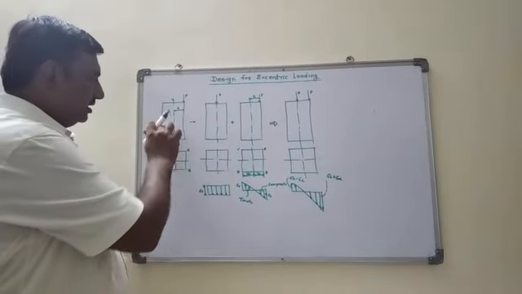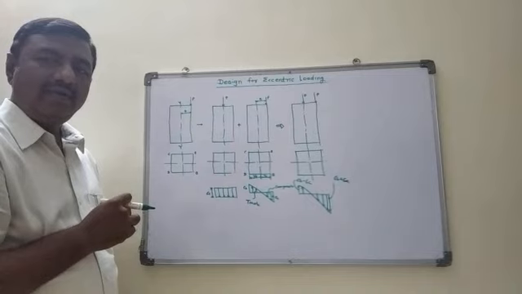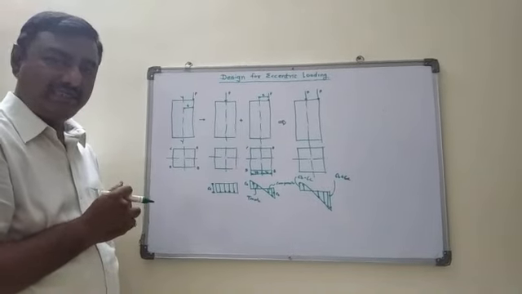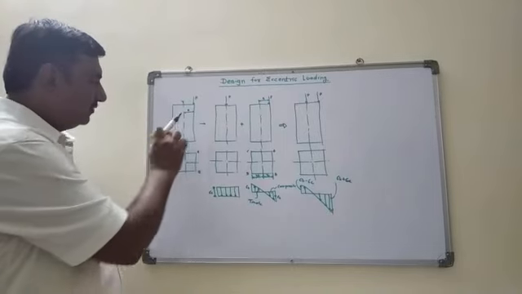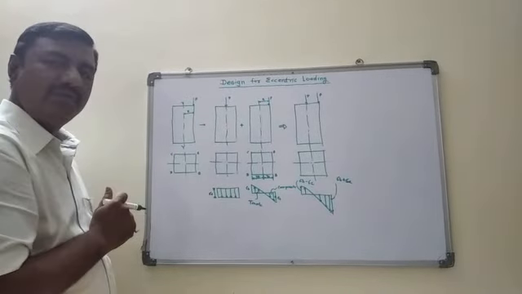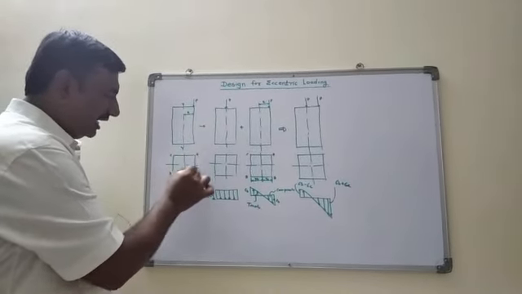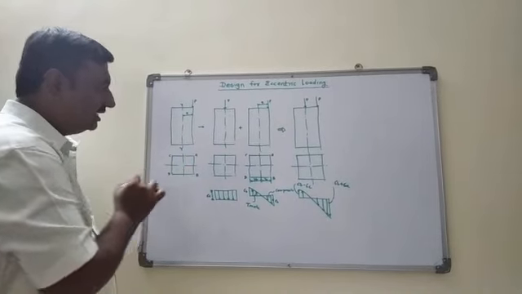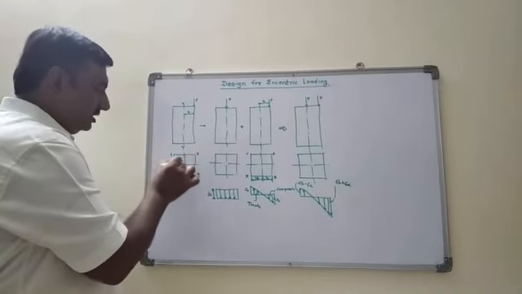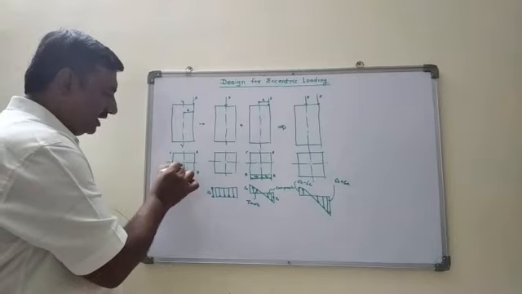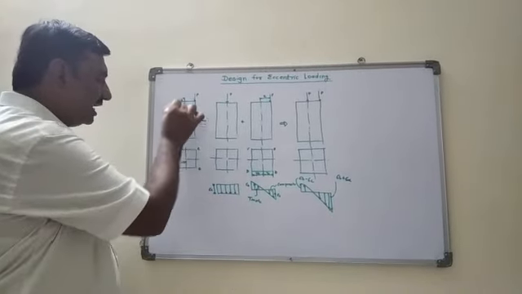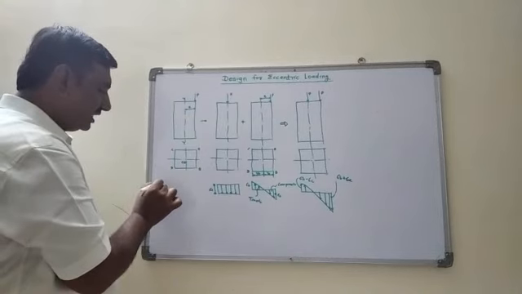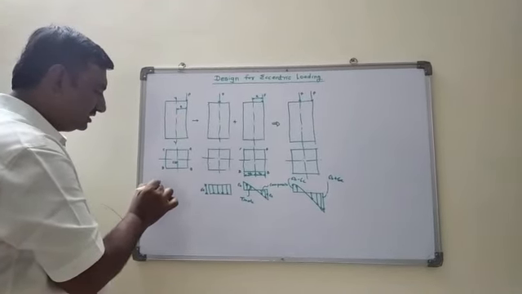Consider a rectangular bar or rectangular strut whose cross section is shown here, the front view and the top view. This is the side AB, this is the side CD. This is the center point, or we can say the CG point, from which the line passing is called the centroidal axis.